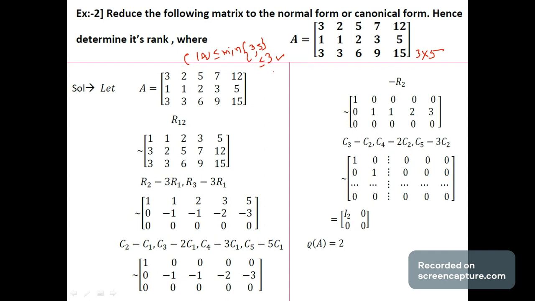Suppose the rank is 3, then we get the normal form as I3 0 0.